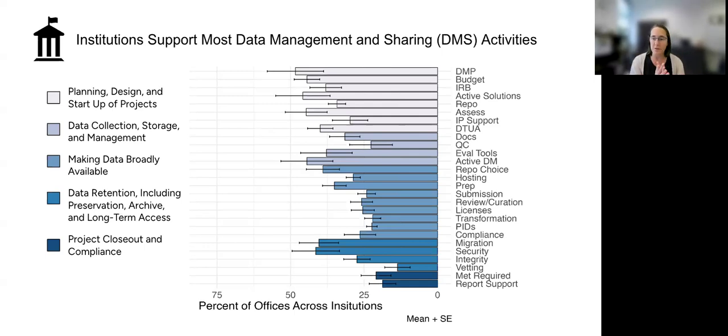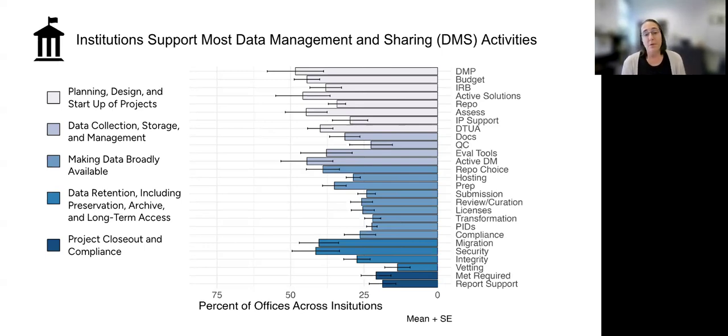That's presented here in this graph. The individual bars are the activities that were identified in those earlier reports. The color coding here is associated with the phase of the project. And what you see here is the average percentage of offices at our participating institutions, plus or minus a standard error.